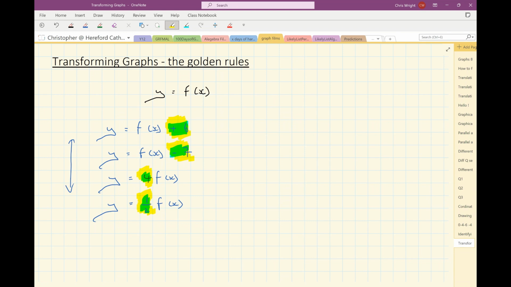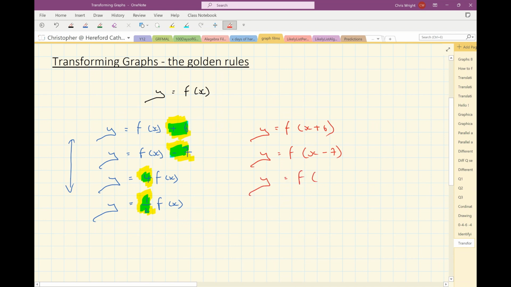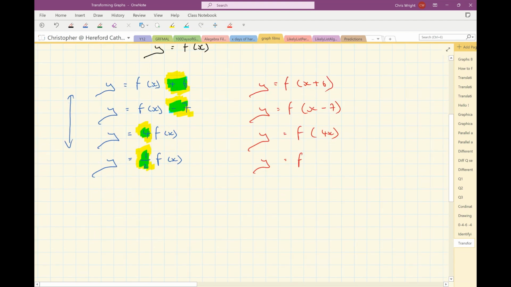goes the correct way. Now, it may be that the change is inside the bracket. You might be asked to explore y equals f of x plus 6, or y equals f of x minus 7, or y equals f of 4x, or y equals f of a half of x.